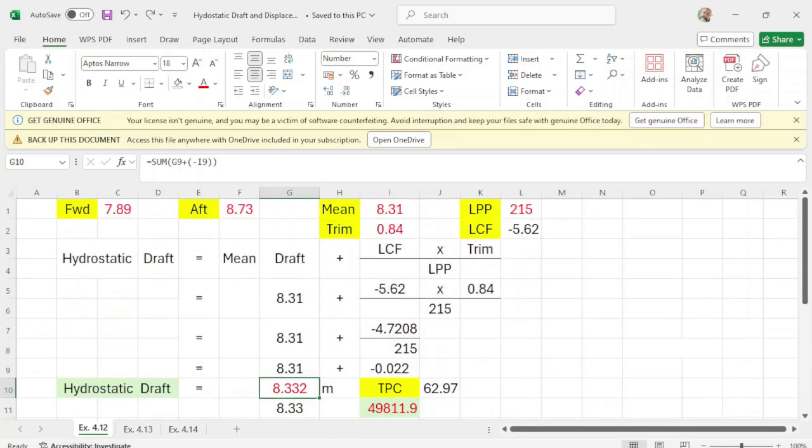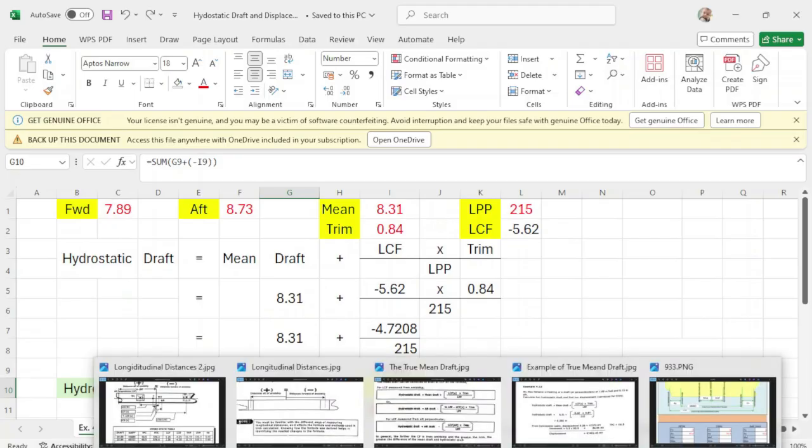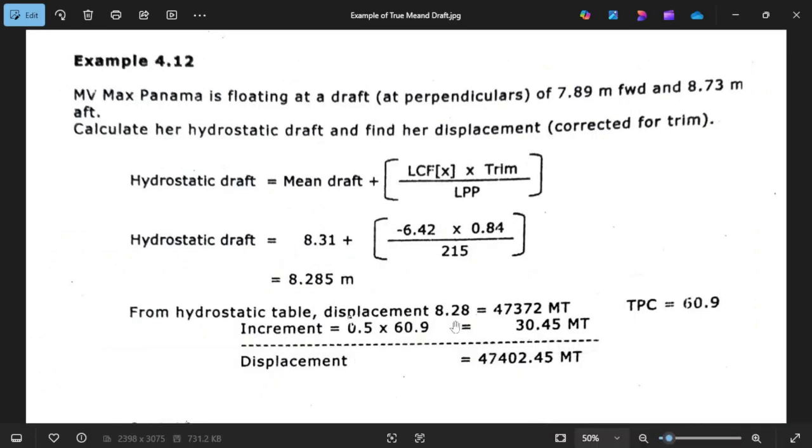But according to this answer, his displacement is 47402, which is very far, and his drop is 8.225, which is wrong.